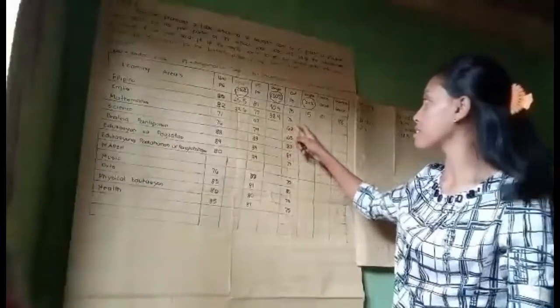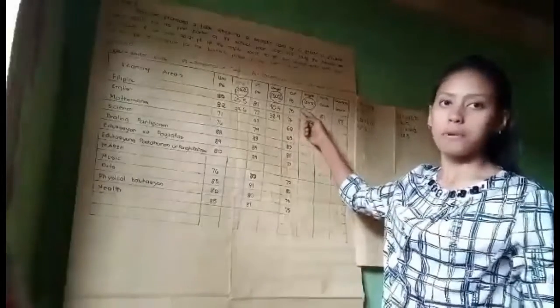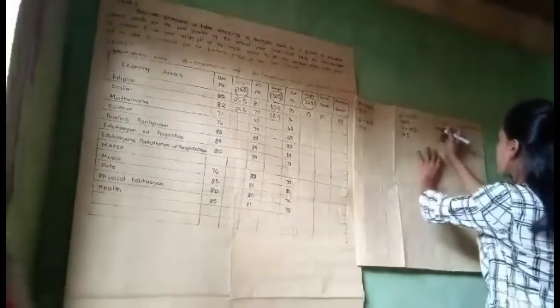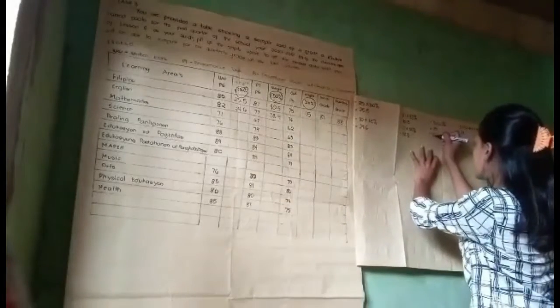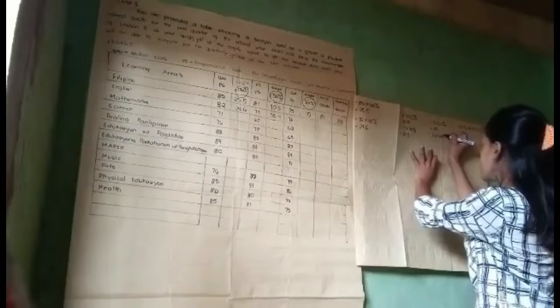For the weight of quarterly assessment, let's multiply 76 times 20%. 76 times 20% is equal to 15.2.